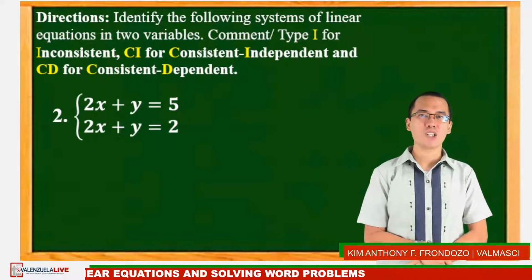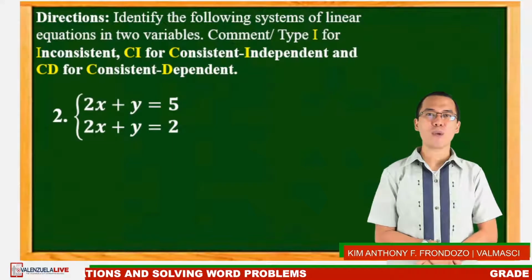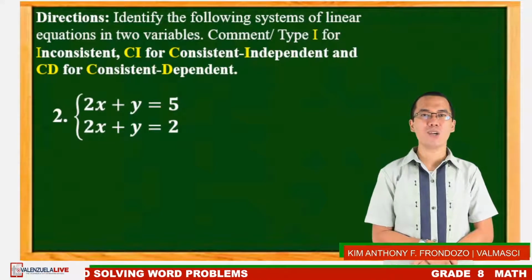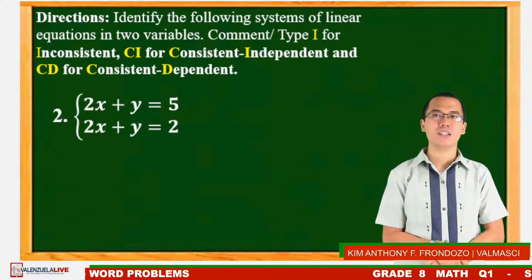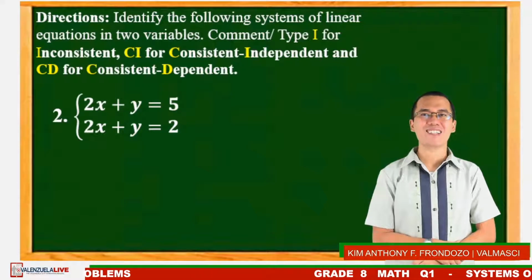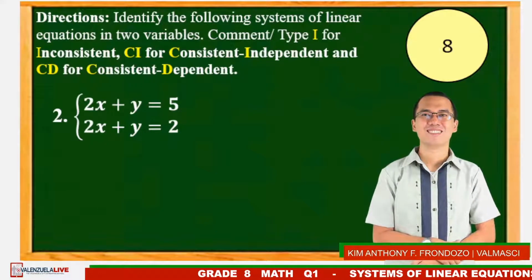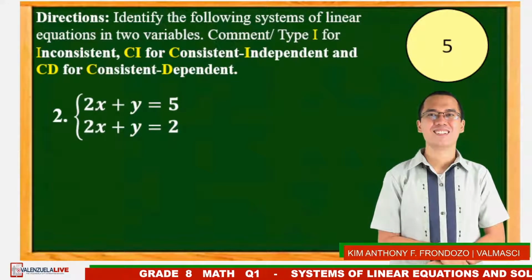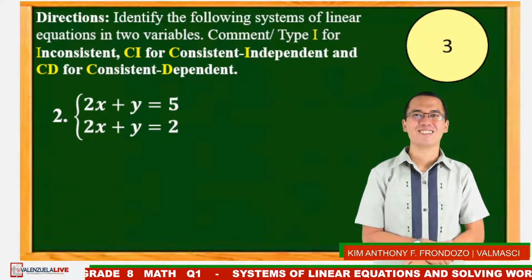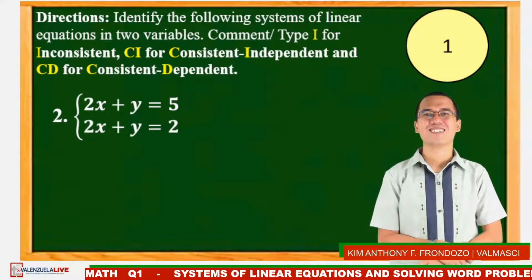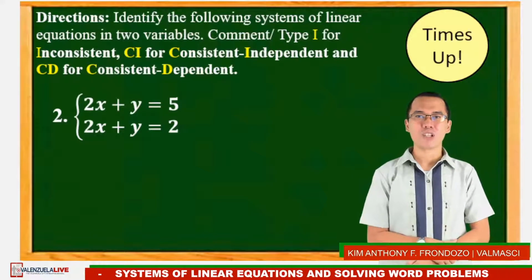2x plus y equals 5 for the first equation and 2x plus y equals 2 for the second equation. So timer starts now. Time's up.